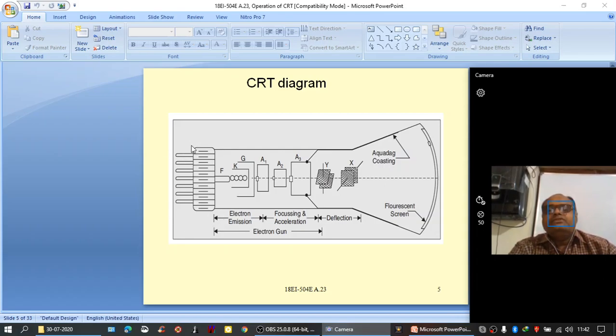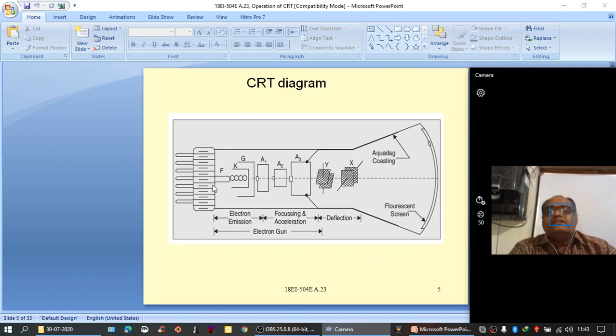CRT base with electrodes connected, and this is the cathode filament, and this is the heater, this is the control grid, pre-accelerating anode, focusing anode, accelerating anode, vertical deflection plates, horizontal deflection plates, aquadag coating, fluorescent material coating, and CRT screen, glass envelope.